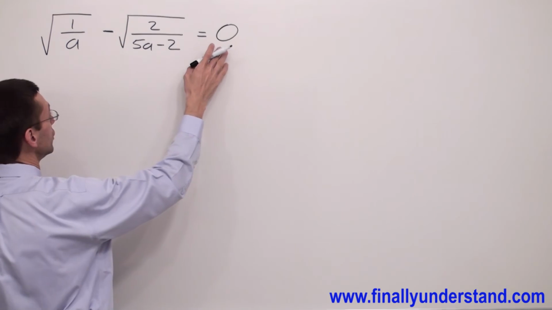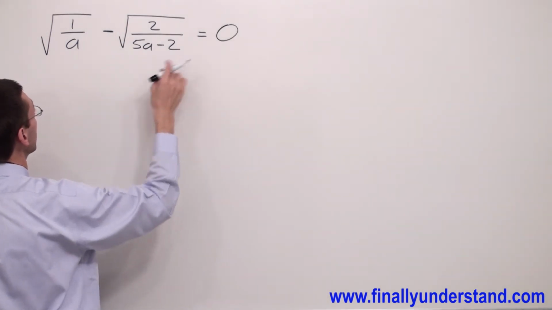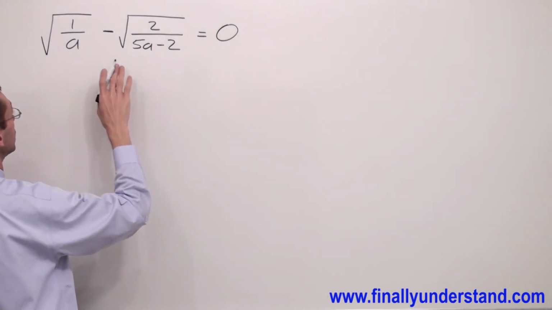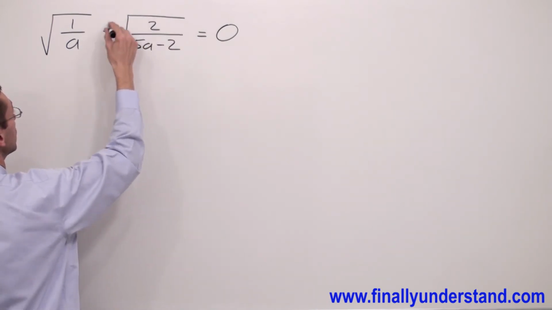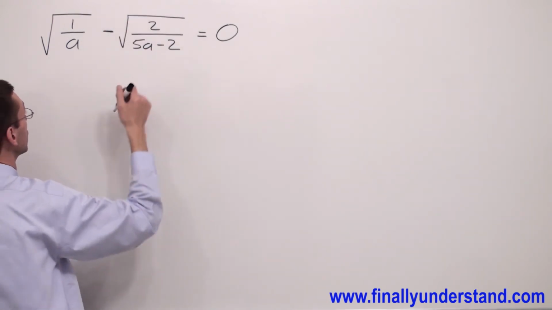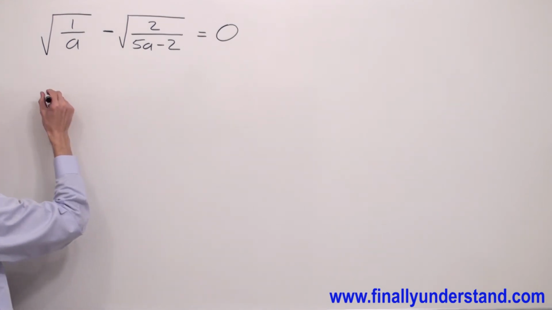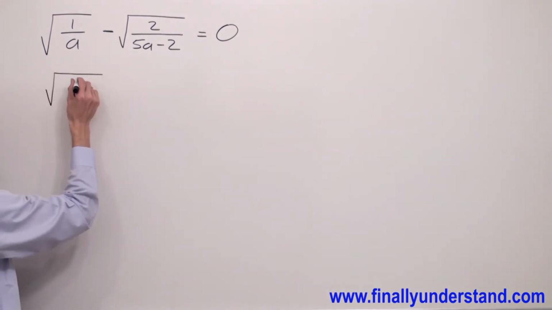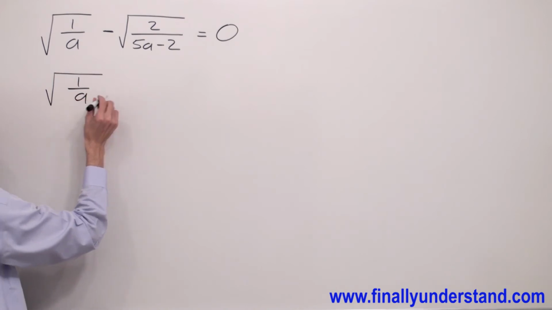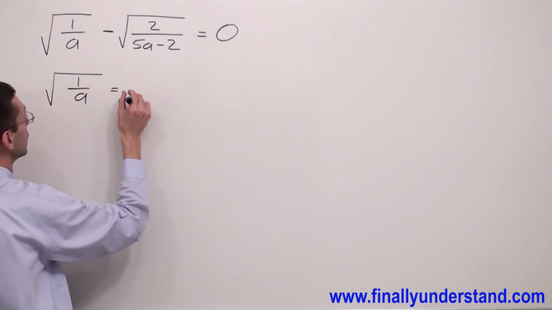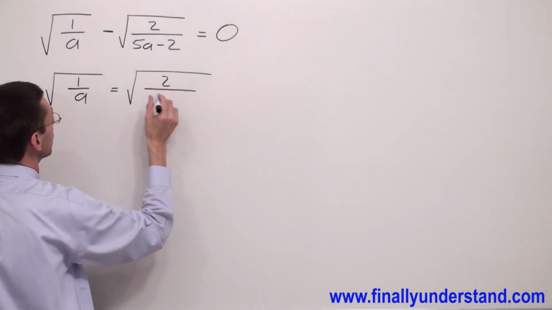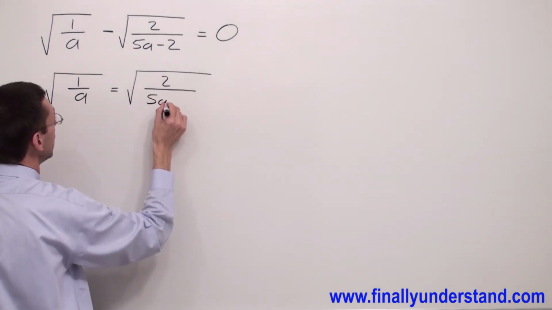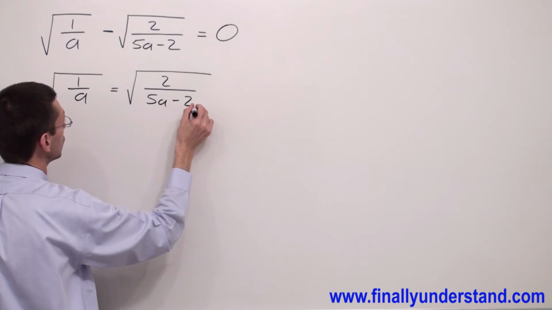Because I have 0 on the right side, I'm going to simplify this problem a little bit by moving this radical to the right side. And I'm going to have square root 1 over a equals square root 2 over 5a minus 2.